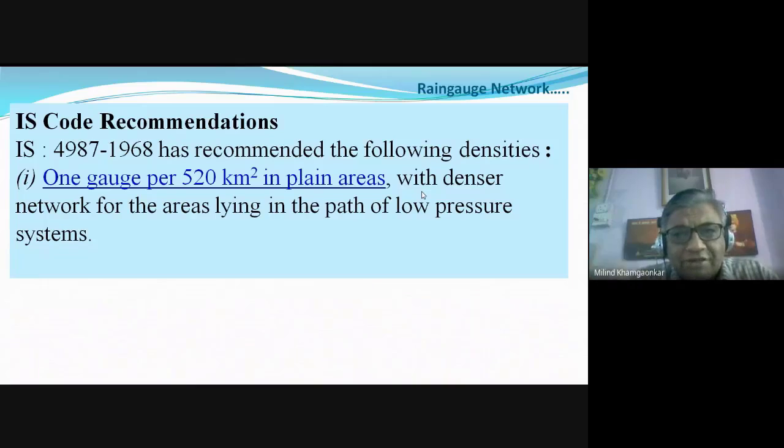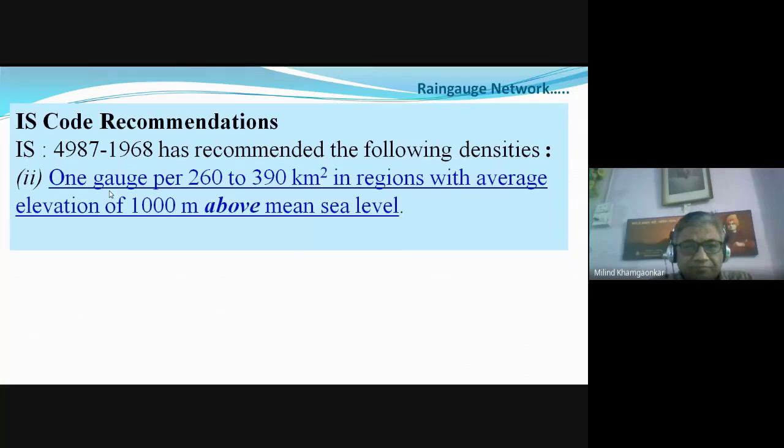How many rain gauge stations are to be provided in a certain catchment area is finalized, or the guidelines are given, by the Bureau of Indian Standards code 4987 of 1968, wherein they have said that for 520 square kilometers of plain area or catchment area, one rain gauge station can be provided.